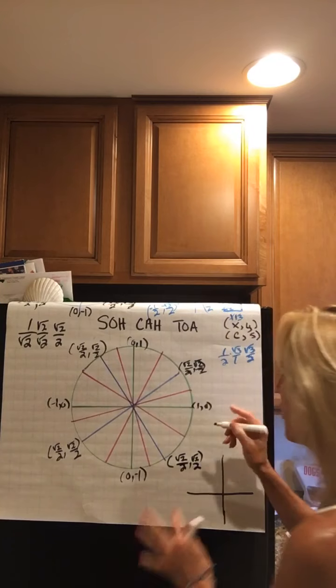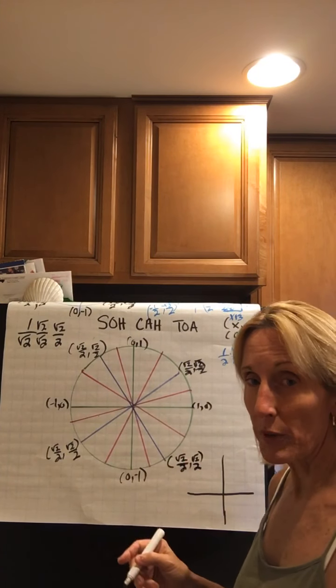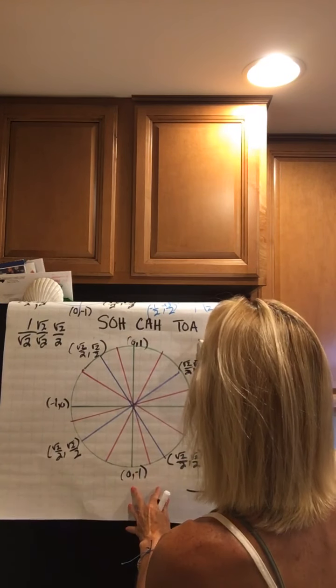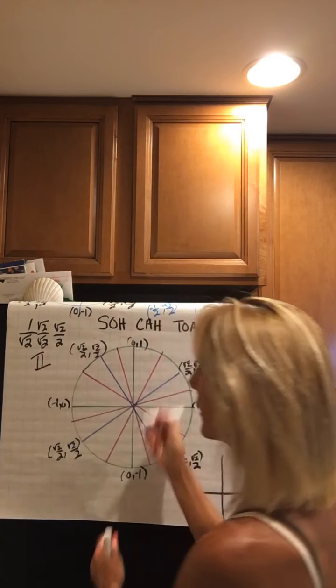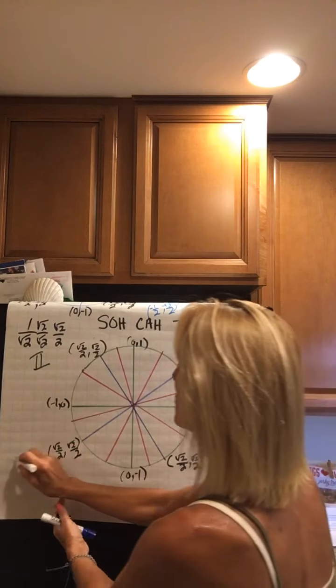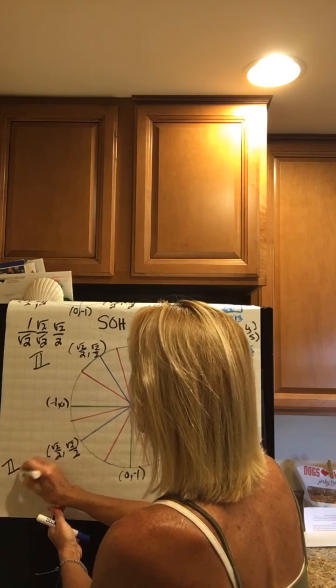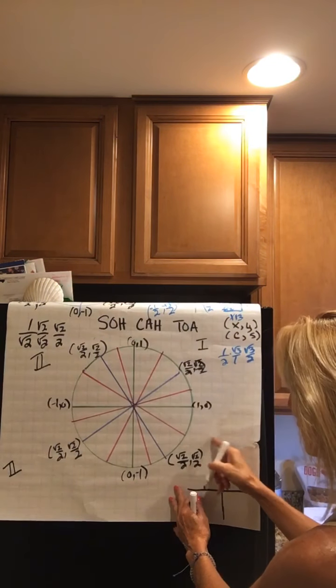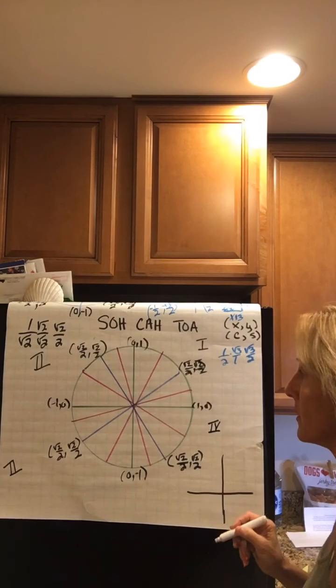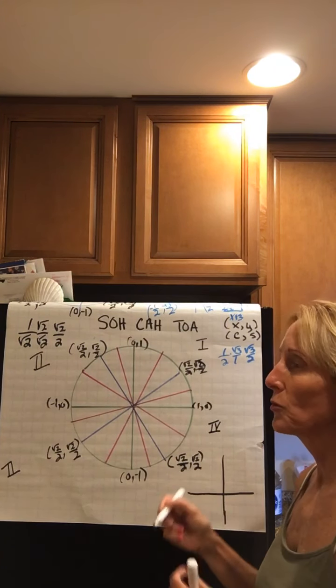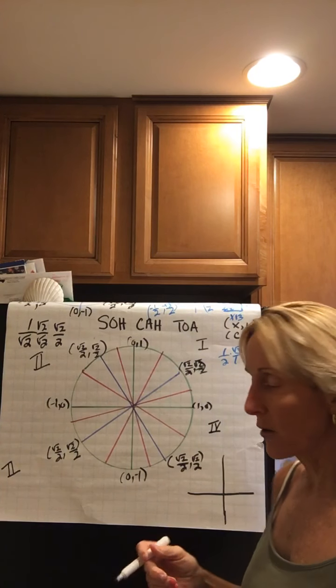Okay, so if you recall from a couple previous videos ago, this is quadrant 1, this is quadrant 2 because we're going counterclockwise, this is quadrant 3, and this is quadrant 4 over here. And then here's the rule. I'm going to teach you this little acronym.